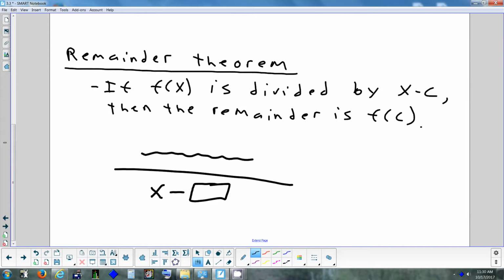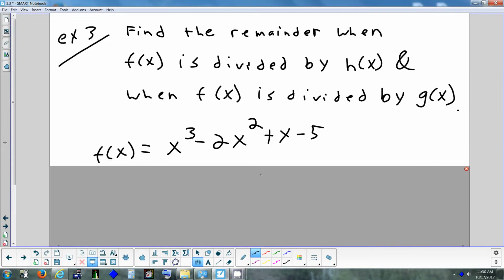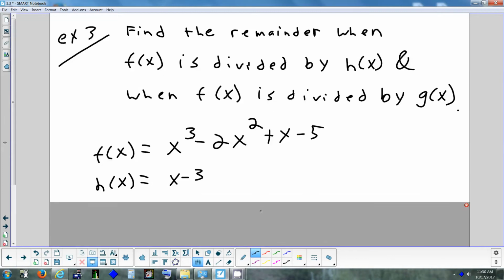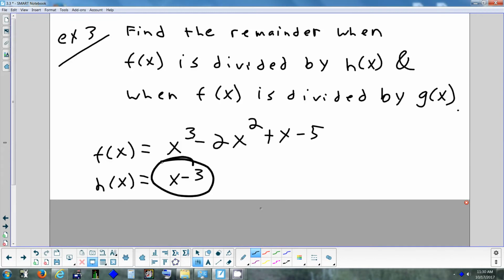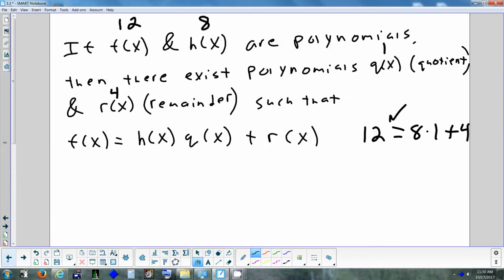If your denominator was x squared minus something, nope, this theorem doesn't work. You have to be dividing by something very simple, an x minus a number. And I'll come right back to that. This is a problem where you could use what I'm showing you. It has to be x minus a number.